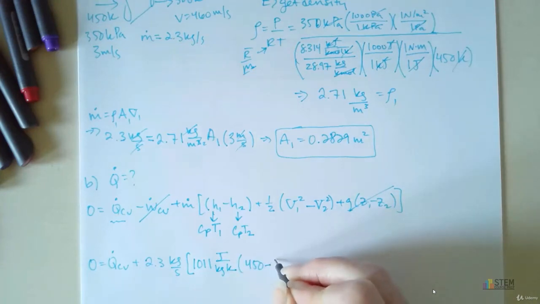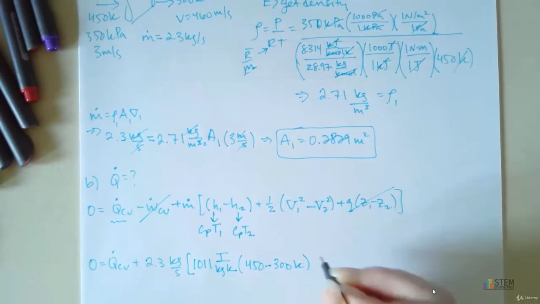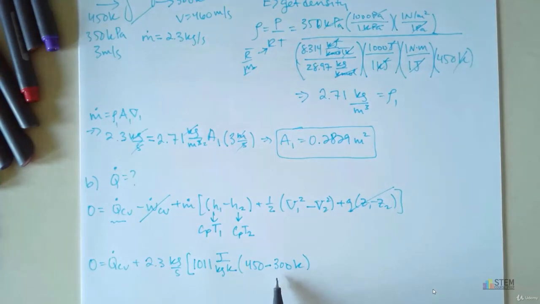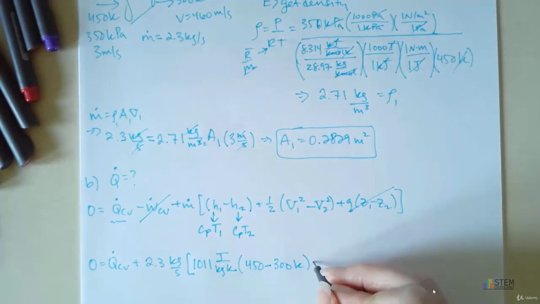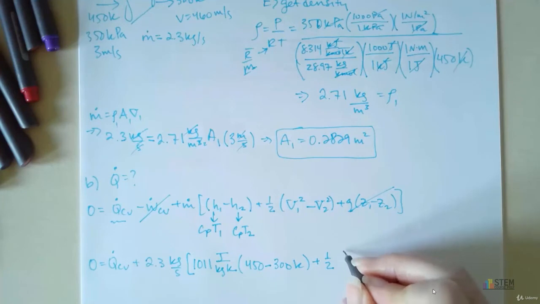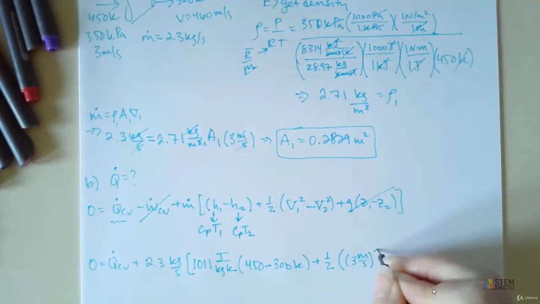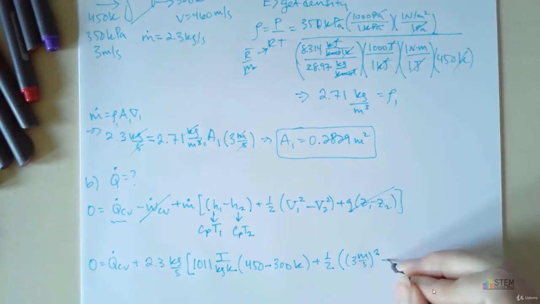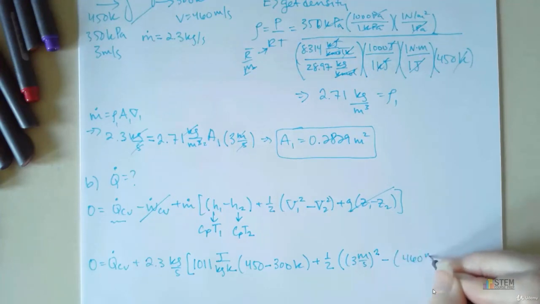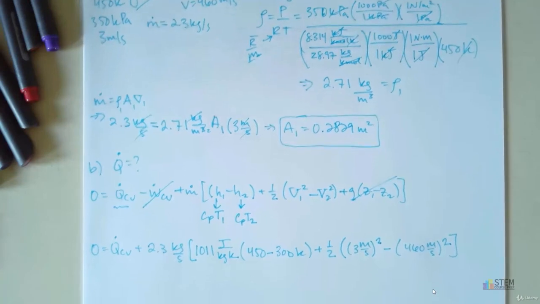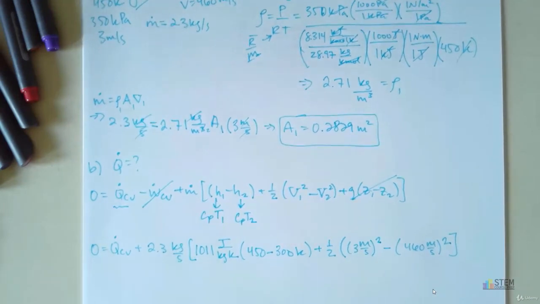Multiply by the temperatures. So 450 minus 300. Then we're going to have plus 1/2 times 3 meters per second, square that quantity. Minus 460 meters per second, square that quantity. Now we're left with this.